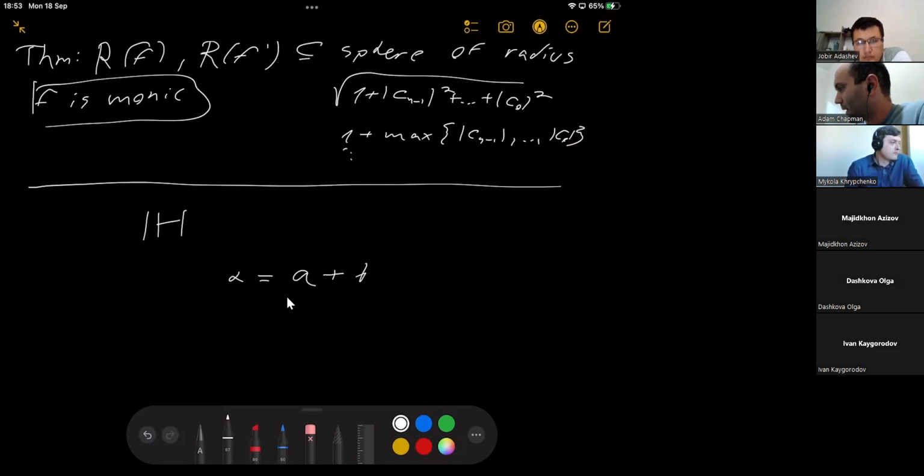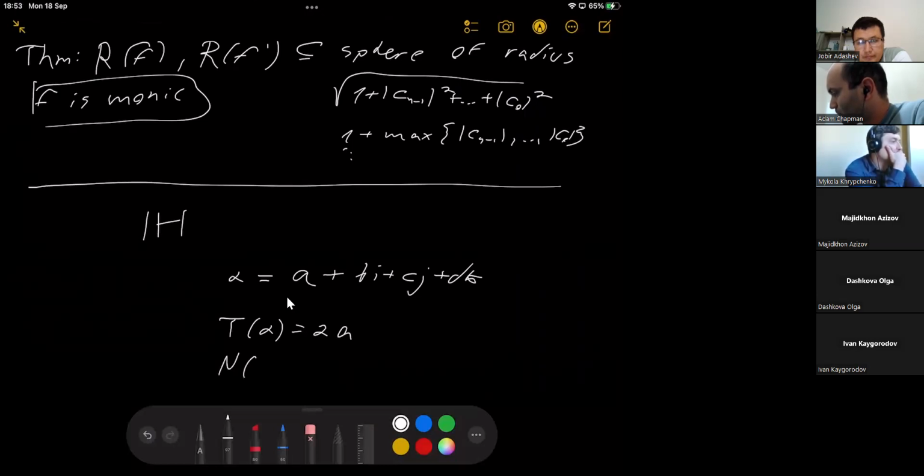So you have some a plus bi plus cj plus dk, and so the trace of alpha is 2 times a, and the norm of alpha is just a squared plus b squared plus c squared plus d squared.